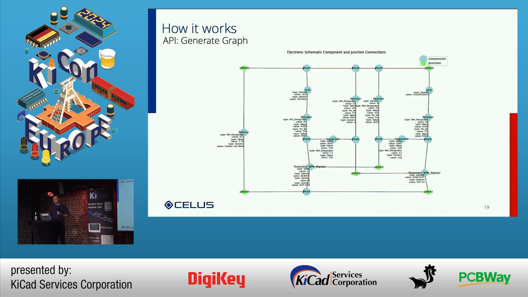And then with all this information, we're able to create out of that a graph representation of the circuit that we were looking at. So we have here, for instance, different symbols being represented by nodes. We have the connections between the symbols being represented by the connections between the nodes. We also have to model in a specific way junction points which have 3 or more connections.